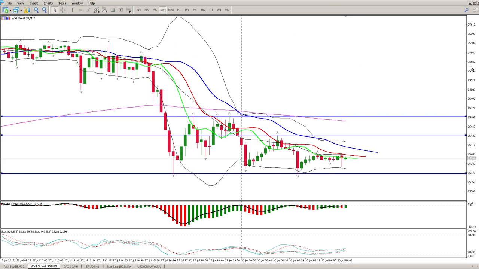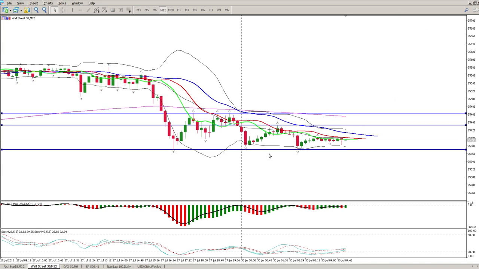So for now, sit tight and watch what happens, because we are at a pretty big level at the bottom. I don't want to go chasing shorts here when we're pretty close to a level where buyers could step in. If we do get a break above and our alligator starts pointing up, then we run it to the upside.